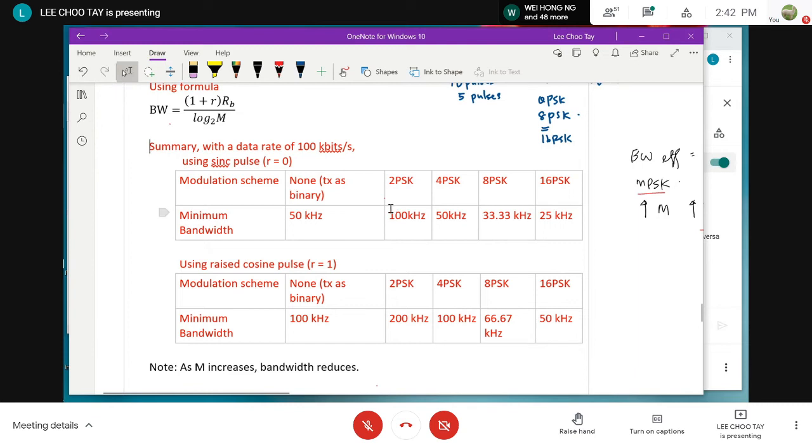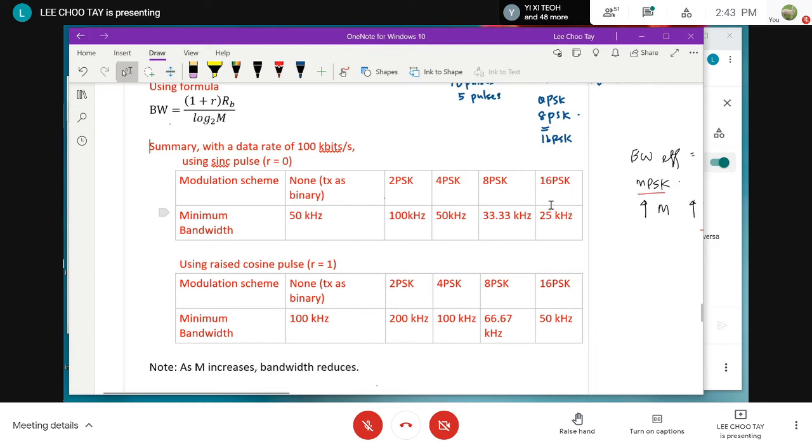Then if you were to use 4PSK, your log 2 of 4 is 2, right? So therefore, your bandwidth requirement becomes 50 kilohertz. Then for 8PSK, your bandwidth requirement reduces further because this will be divided by 3. For 16PSK, this will be divided by 4, and that gives you 25 kilohertz.